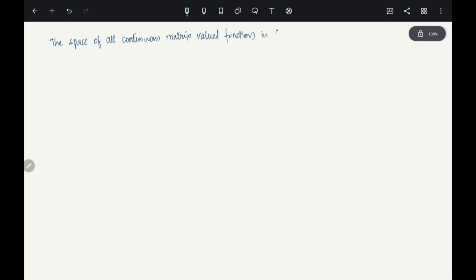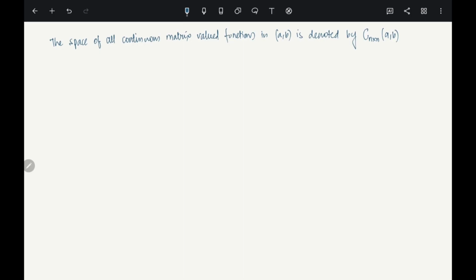It is denoted by, so we will write it as C of n cross n size matrix, okay, of [a,b]. So C_{n×n}[a,b] is the set of all continuous matrix valued functions on [a,b], right?